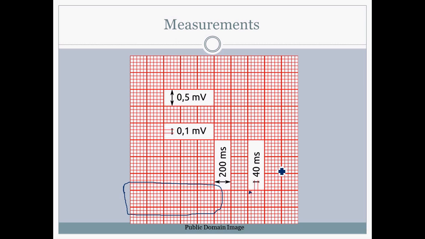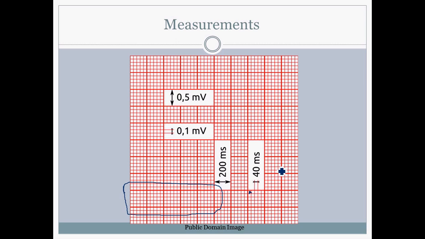You count the number of large boxes, and you do 300 divided by that number. So if you count 5 large boxes between each R wave, that's 60 beats per minute. 300 divided by 5.